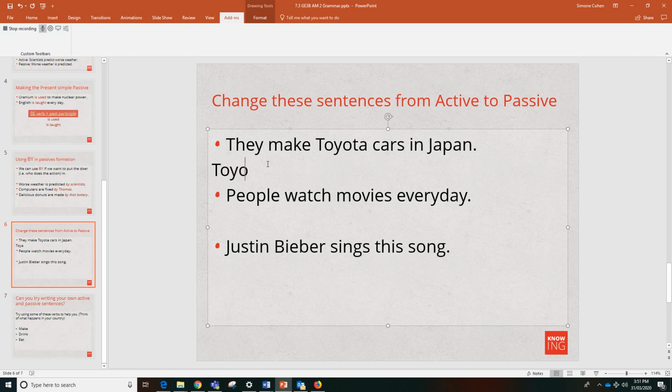Next: people watch movies every day. We don't necessarily need by people because we know who is doing this. Movies are watched every day.